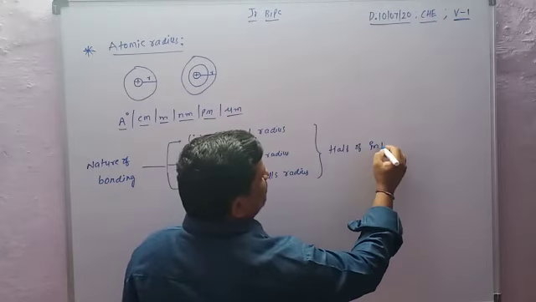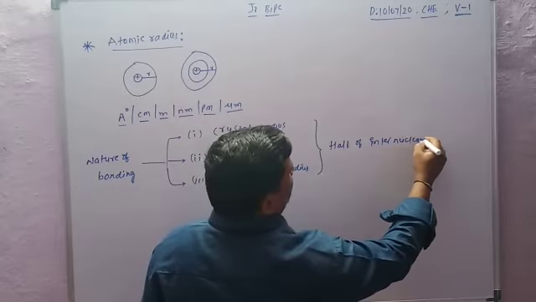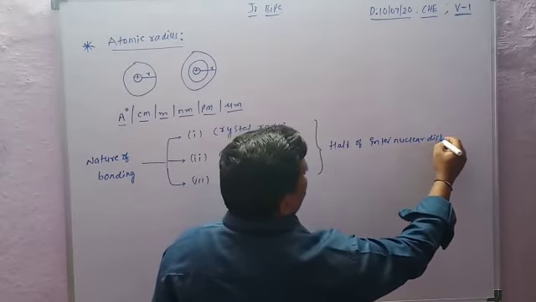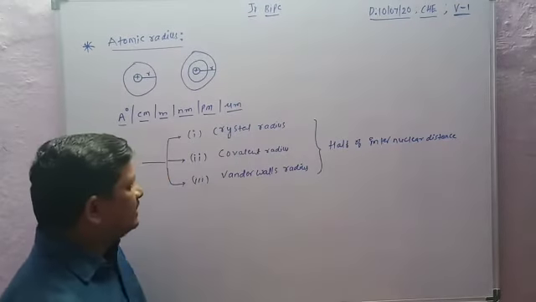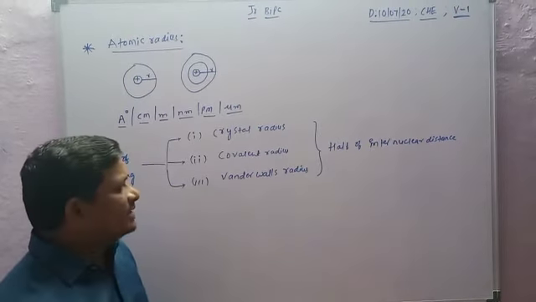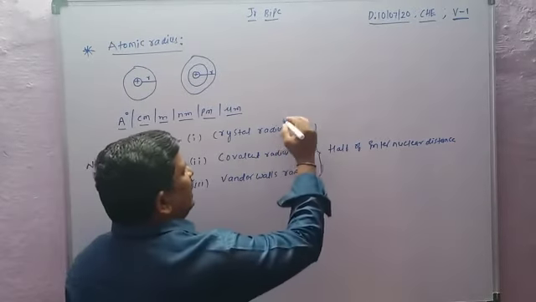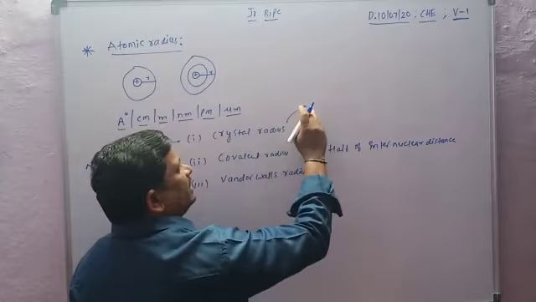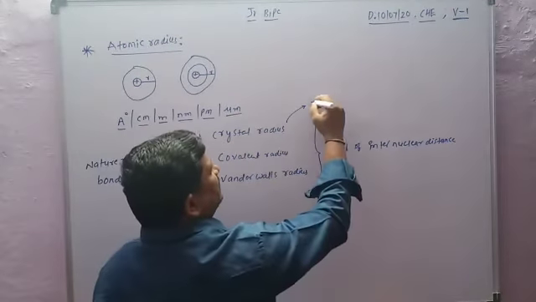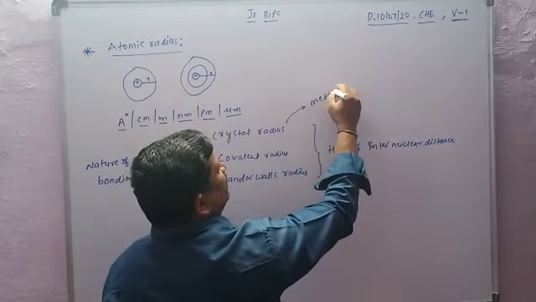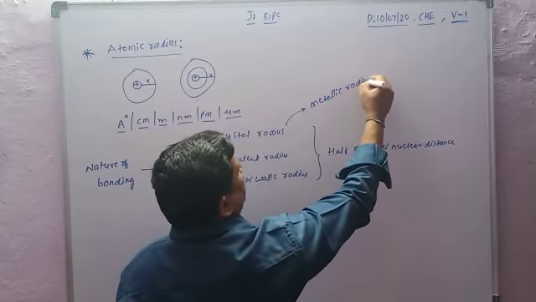But some exceptions are there. Crystal radius is present mainly in metals, so it is also known as metallic radius.